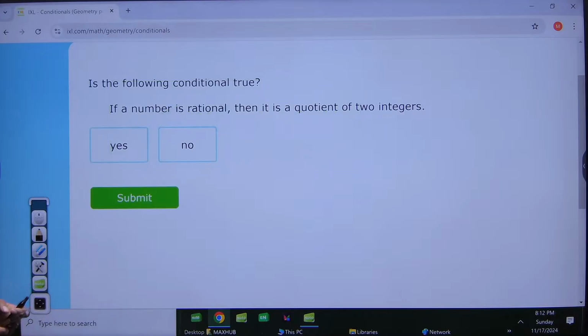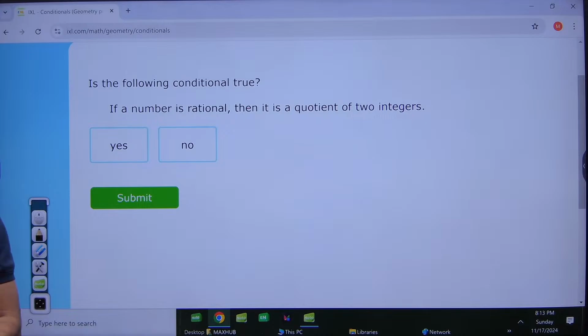If a number is a rational number, then it is a quotient of two integers. What is the definition of a rational number? You don't know? Wait, I'm trying to think, because I've always forgotten this definition of the types of numbers.